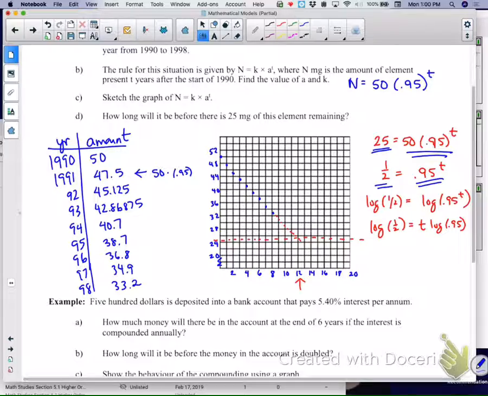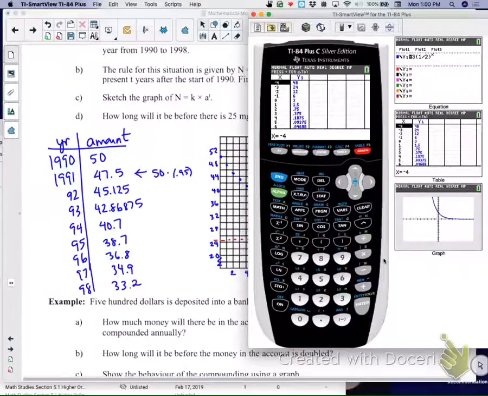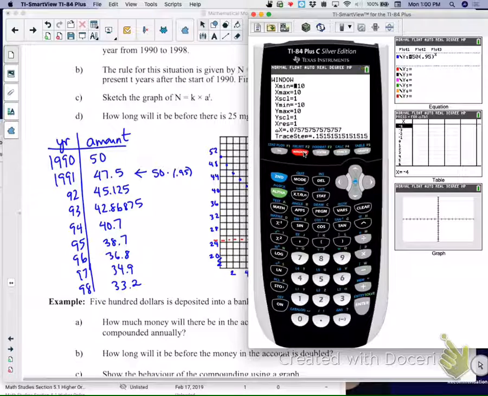Okay, let me just show you a reminder of what that looks like. Okay, so my y equals here. Let's just go ahead and do the way the graph looks on my picture there. So let's do 50 times 0.95 to the t power, or in this case to the x power, and then we want it to be 25. Now for my window, make it be what it is on your paper.